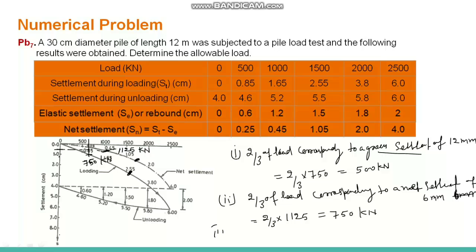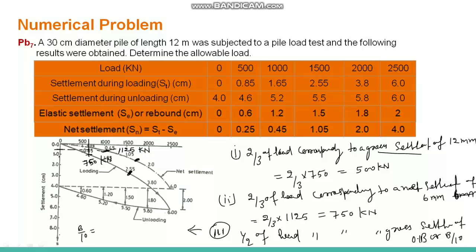What is the third criteria? Half of load corresponding to a gross settlement of 10% of B, or we can say 0.1 B, or B by 10, whatever. So you have to see the gross settlement when it is B by 10. What is the B by 10 value?